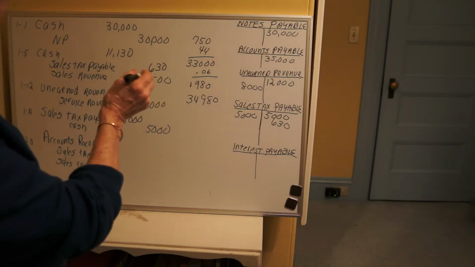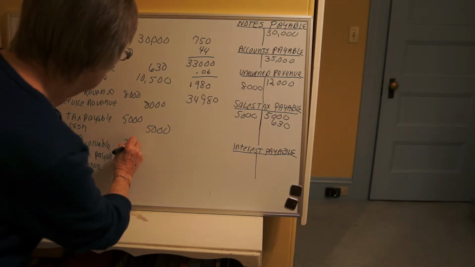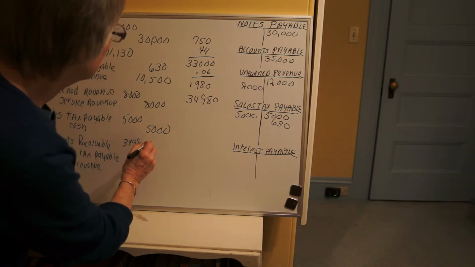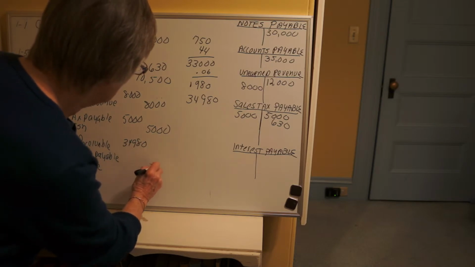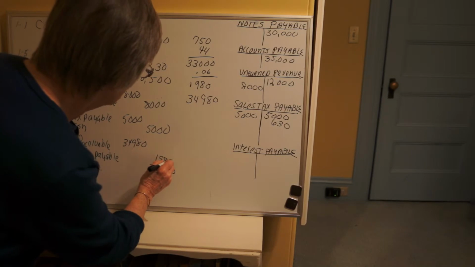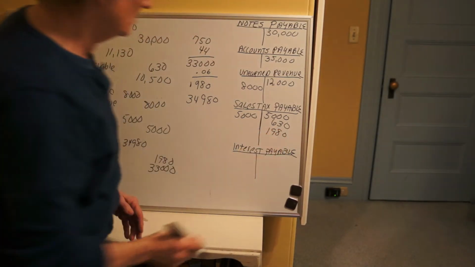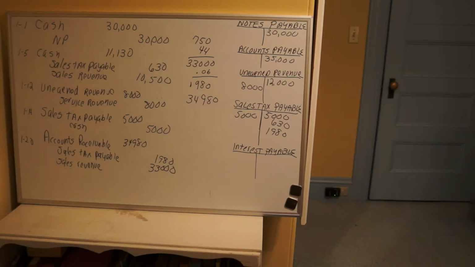The total receivable would be the $34,980. The amount of the sales is $33,000, and the tax we owe is $1,980. And so we would want to update our sales tax payable.